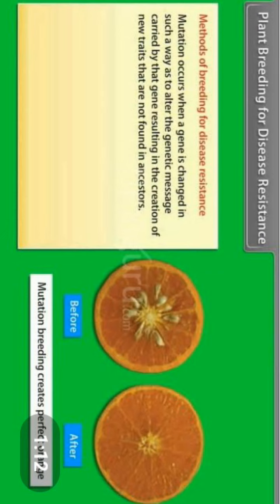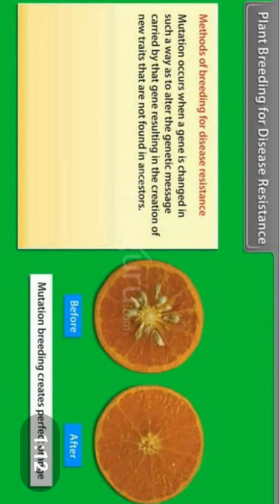The conventional breeding method for disease resistance is hybridization and selection. So what are those two steps? Hybridization and selection. Its steps are essentially identical to those for breeding for any other agronomic characters such as high yield.